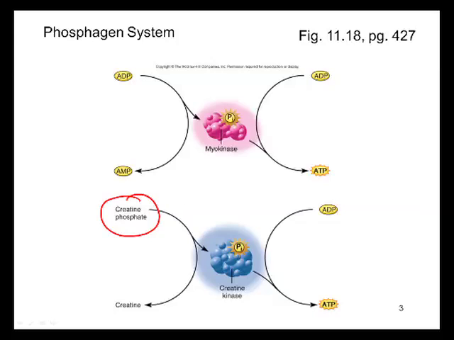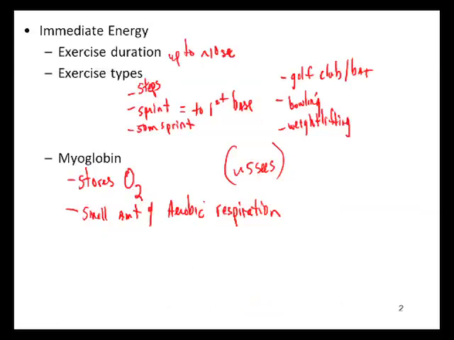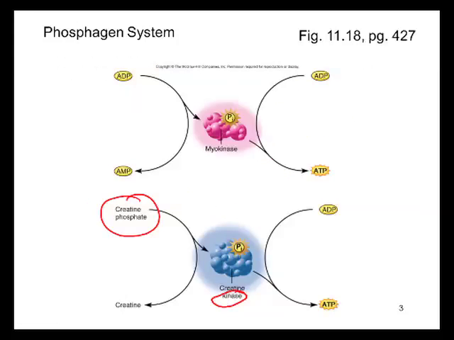And this enzyme, creatine kinase, again, we see that kinase, phosphate transfer. That creatine kinase is going to take the phosphate from the creatine and add it to the ADP, and so now we're left with ATP and creatine. Same idea as we saw before. So here's our creatine phosphate.